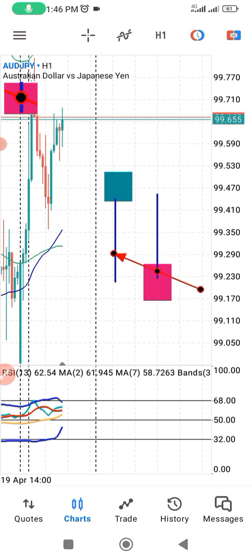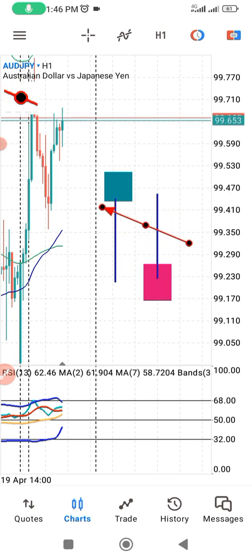Another very important thing we need to know is another way to identify an effective pin bar. The type of pin bar we want to be trading is a pin bar where the wick is 2 or 3 times bigger than the body of the candlestick.